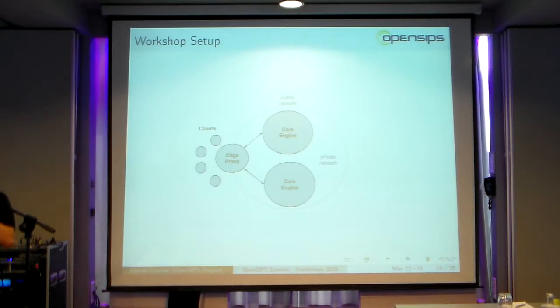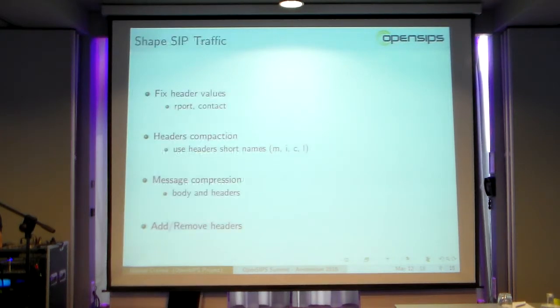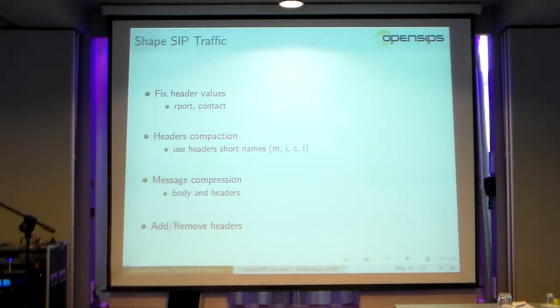What about the short names I mentioned before? Yes, you can also use short names for those headers, but they have to be present, so you can't skip them. They are mandatory. Otherwise, it wouldn't be a SIP packet.